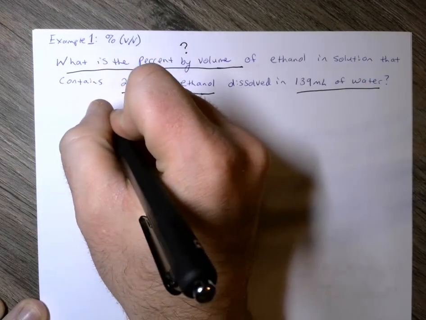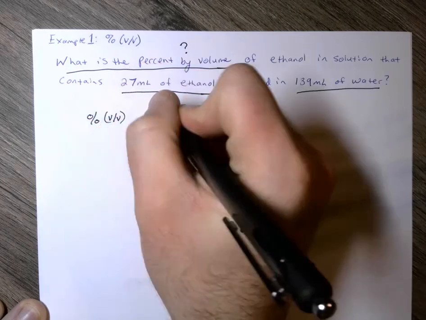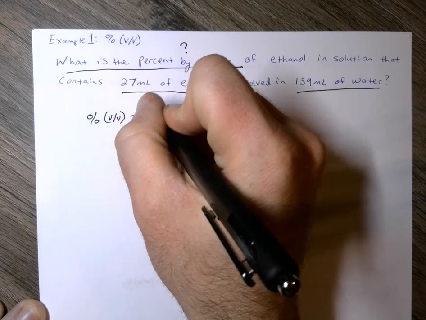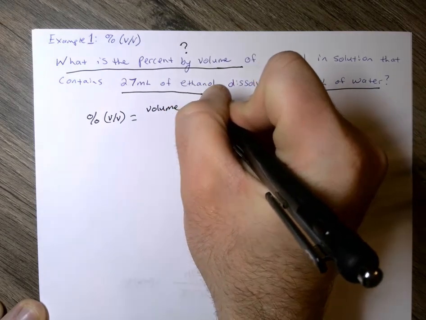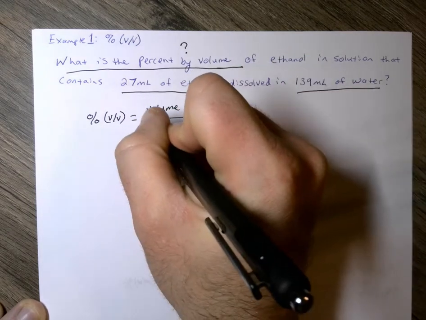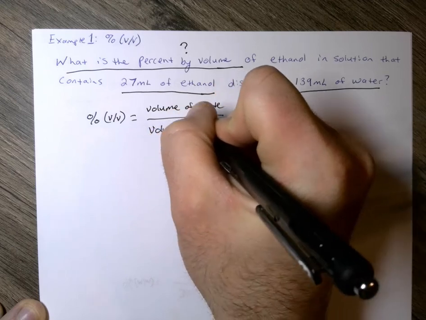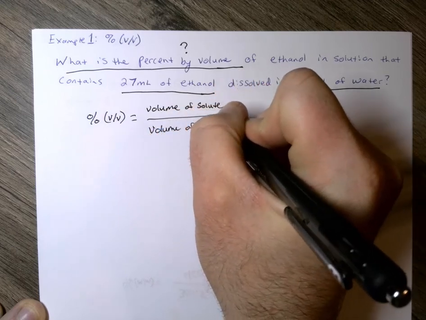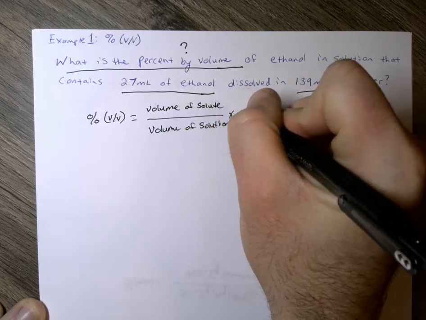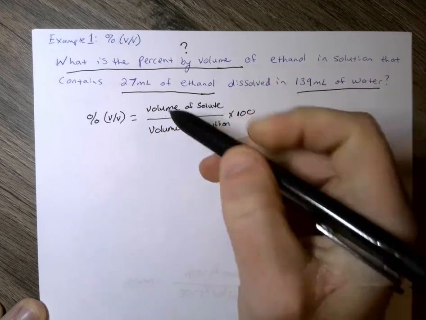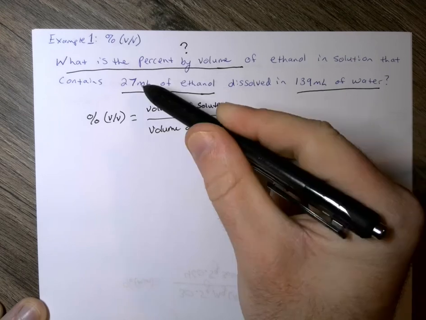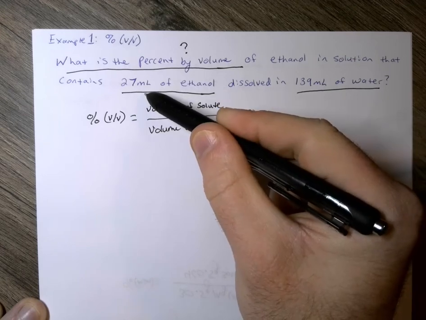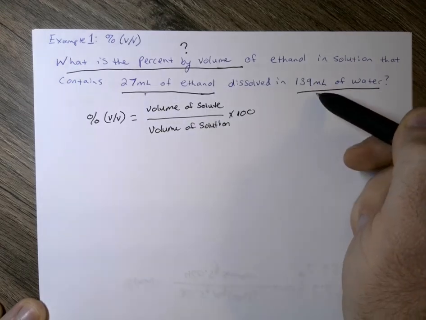Percent volume over volume is volume of solute divided by volume of solution, so the total volume, times 100. The volume needs to have the same unit of measure between the two volumes here. Luckily for us in this question, we have milliliters and milliliters.